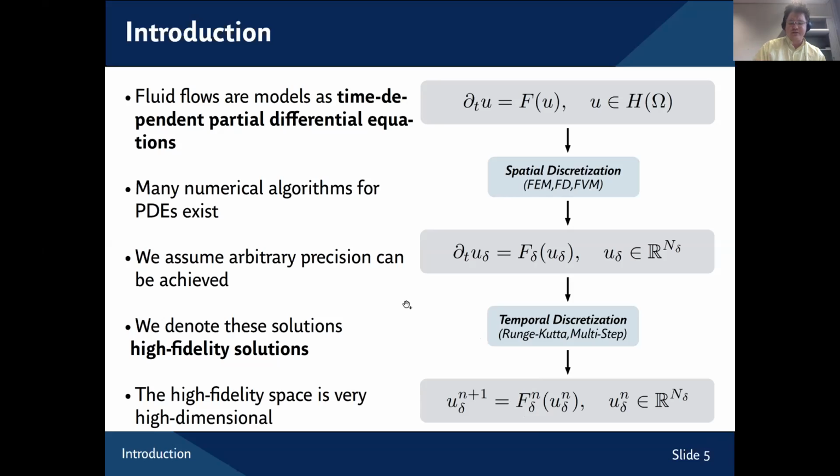So basically what you end up with is a finite dimensional discrete dynamical system which is defined by the right-hand side function. We will in this talk assume that we can achieve arbitrary precision using these kinds of methods, meaning that if we refine in space and time, then we can get infinitely close to the true underlying analytical solution. And we will call these solutions the high fidelity solutions. One thing that's important to notice is that this high fidelity problem is in general very high dimensional.